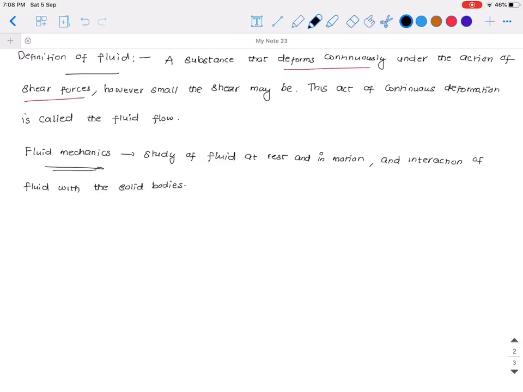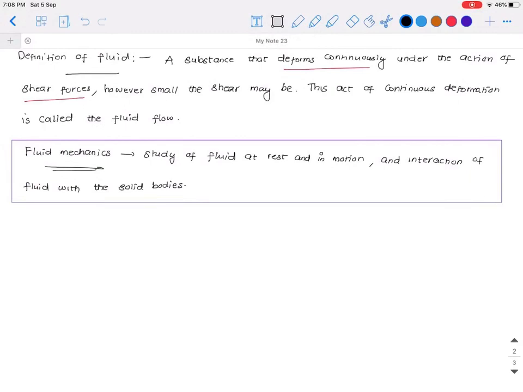Okay, so this is the focus of this course called fluid mechanics. We are going to study fluids at rest as well as in motion, the interaction of fluids as well as solid bodies. Okay, this gives rise to many very interesting phenomena which we are going to discuss in this course.